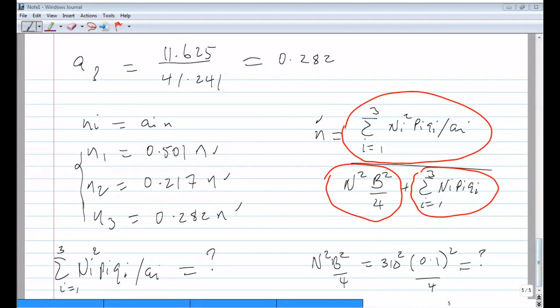So give me the answer there. Then later you find the summation, i ranging from 1 to 3, of Ni pi qi. Those are the values that we were looking for. Let's start with this one. What is the answer?